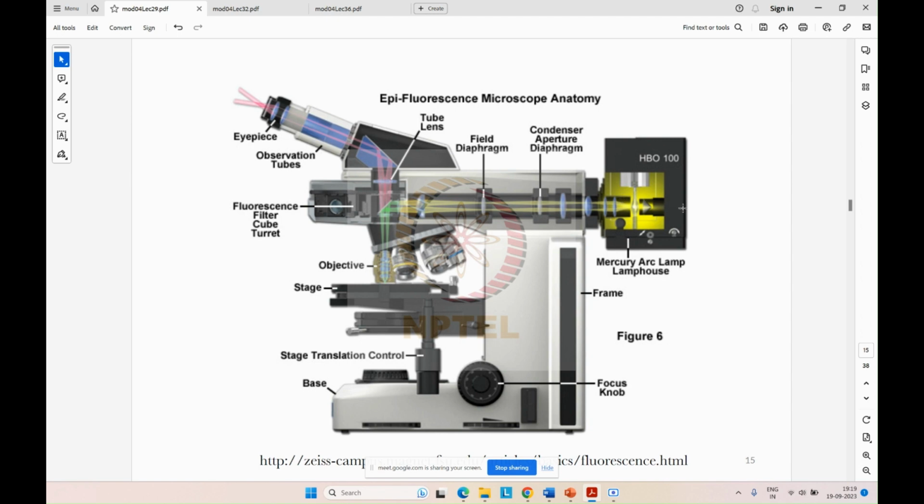The light that you generate can be from different sources. It can be a laser, it can be a halogen lamp, etc. Because you are shining your light from above and it then reflects from the objective and passes through your eyepiece, it's called epifluorescence. Epi means above.